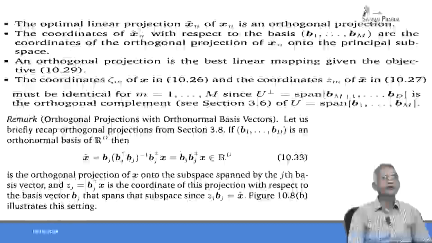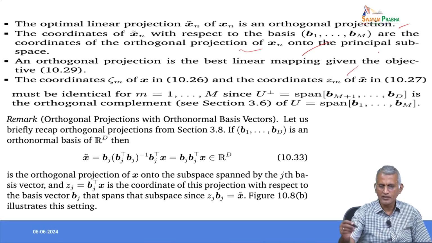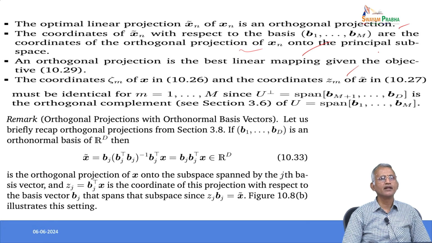Consequently, the optimal linear projection xn bar of xn is an orthogonal projection, and the coordinates of xn bar with respect to the basis b1 to bm are the coordinates of the orthogonal projection of xn onto the principal subspace. Orthogonal projection is the best linear mapping given the objective, and the coordinate tilde m of x in 26 and the coordinate zm of x bar in 27 must be identical for m equal to 1 to M.